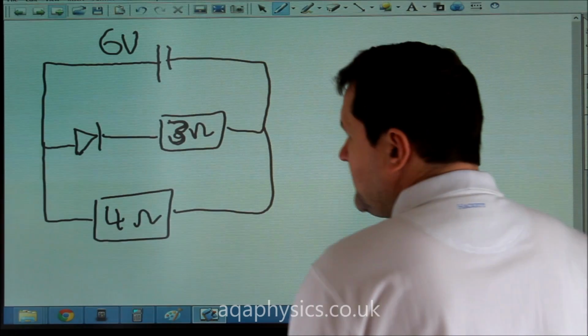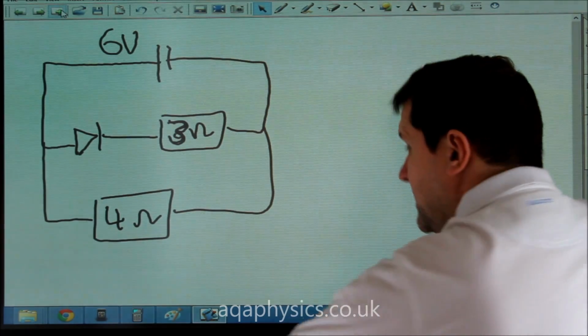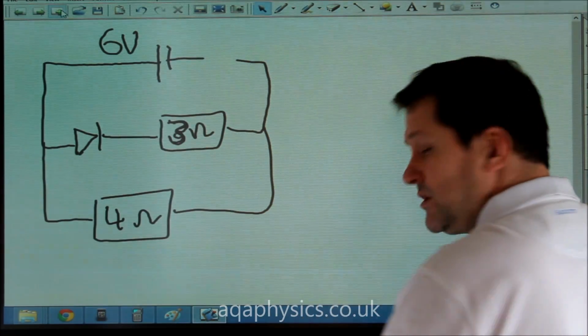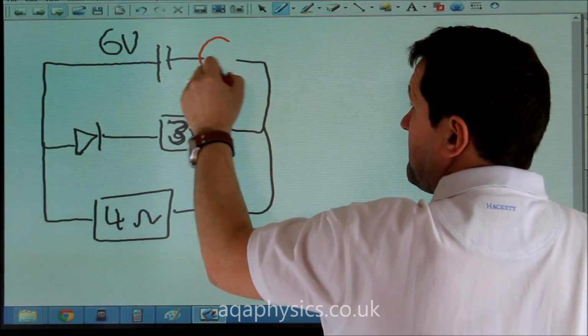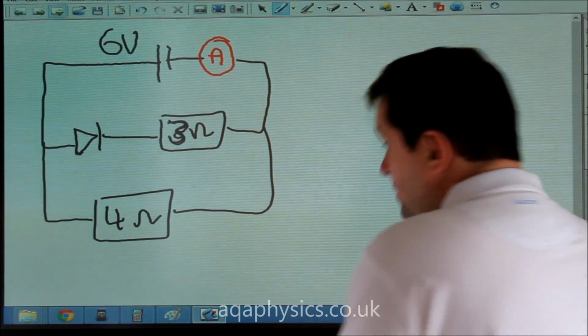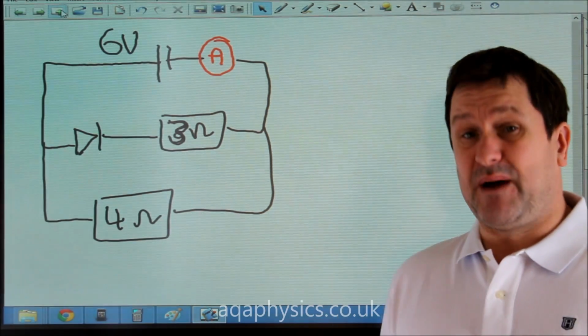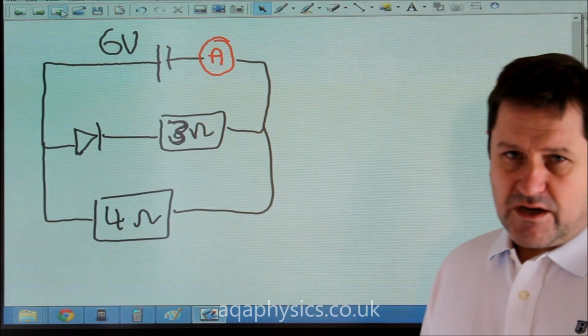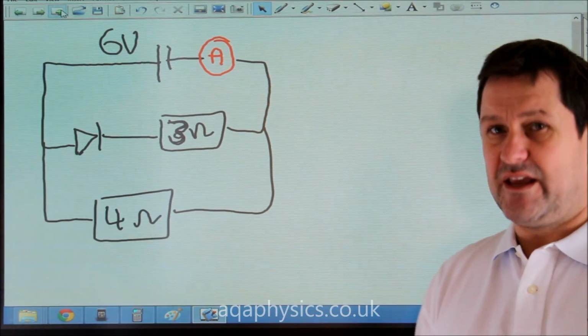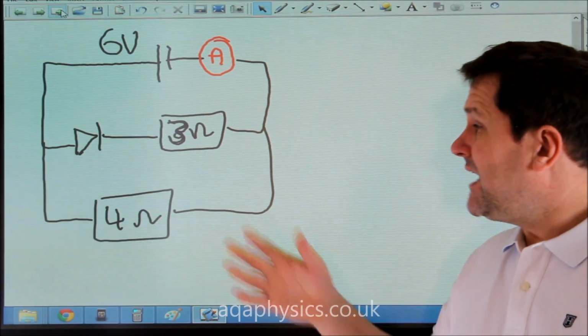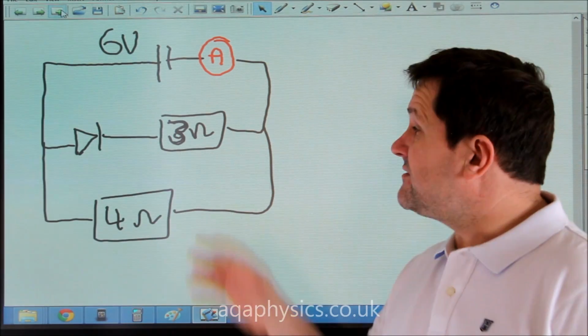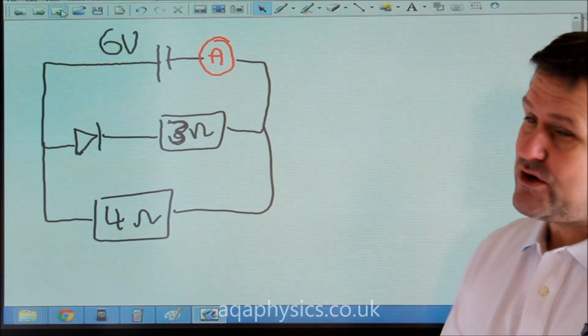Now, they might ask you, what's the total current flowing in this circuit? So what's the current flowing there? Now normally, you would think of this as resistors in parallel. You would do 1 over RT is 1 over 4 plus 1 over 3. You'd make your common denominator 12, and you'd be able to solve what the total resistance of the circuit was, and then work out your current.